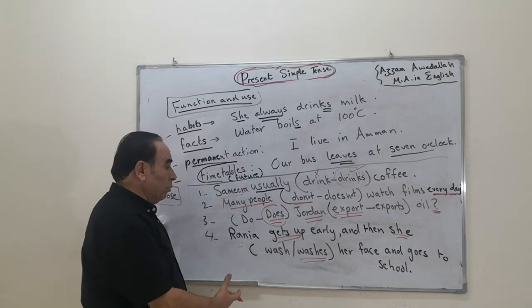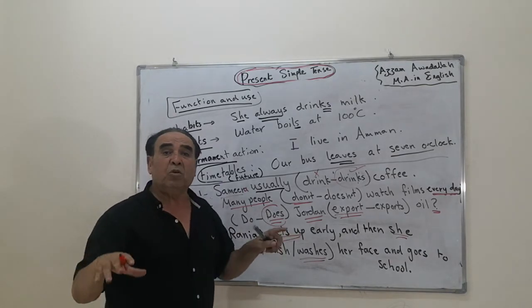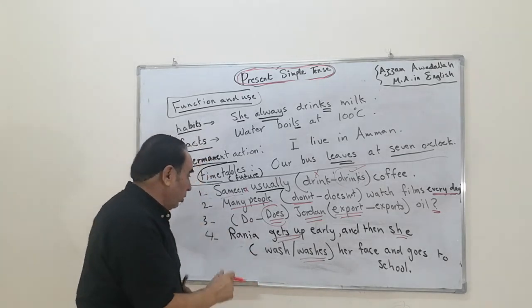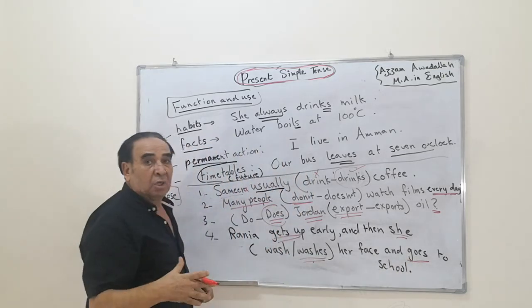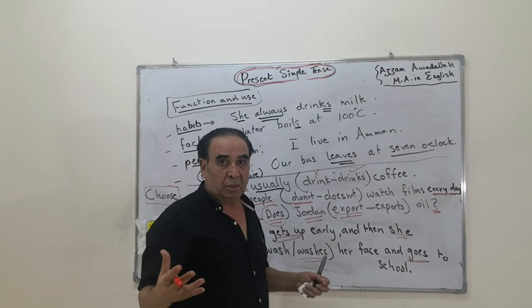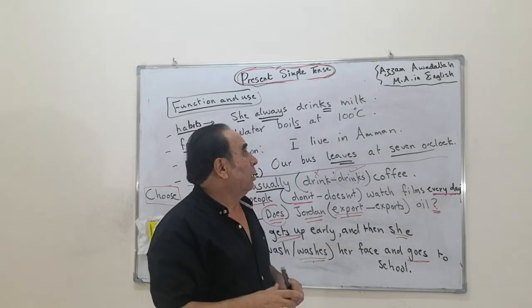So Rania gets up, present simple, so we call this sequence of tenses. Gets up, washes, and goes. The three verbs are in the present simple. I think this is all. It's an idea about the present simple.